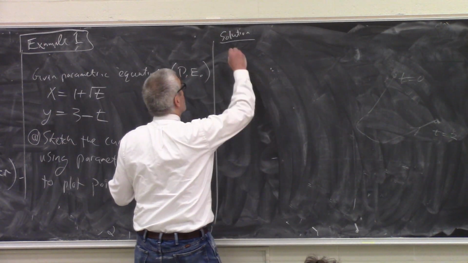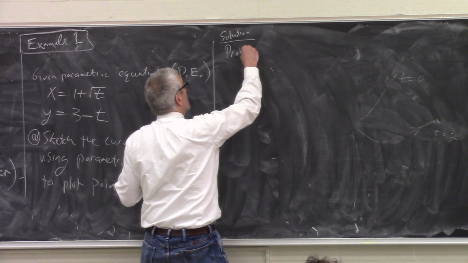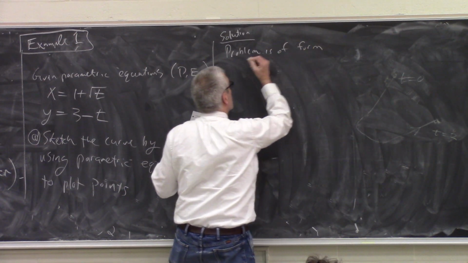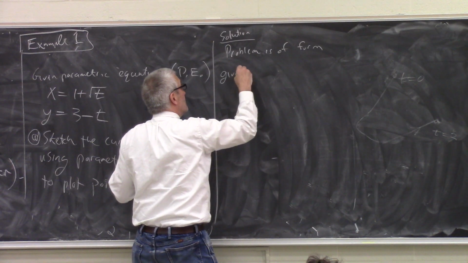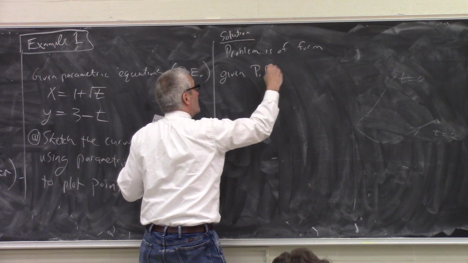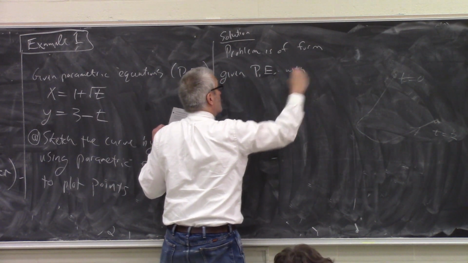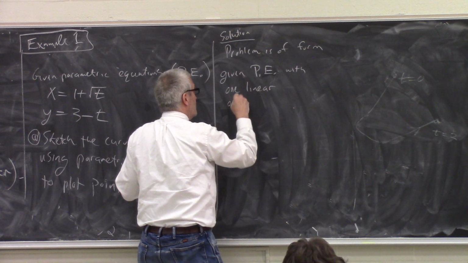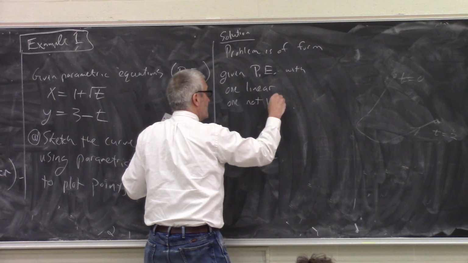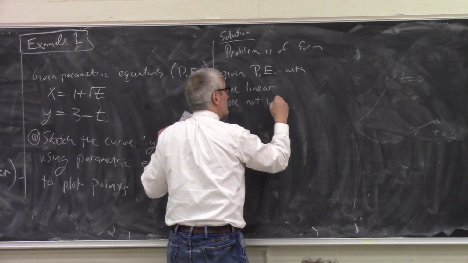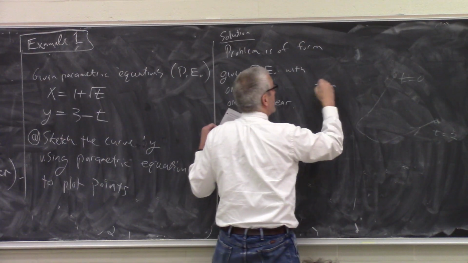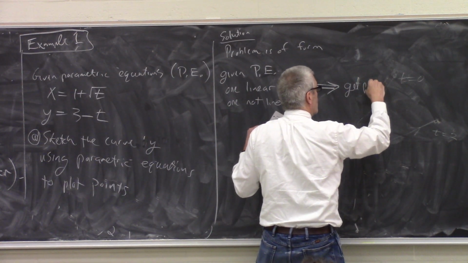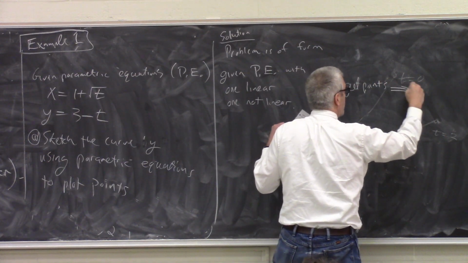Okay, so the problem is of the form: given the parametric equations, with one linear and one not linear, and then being asked to get points and then plot points.